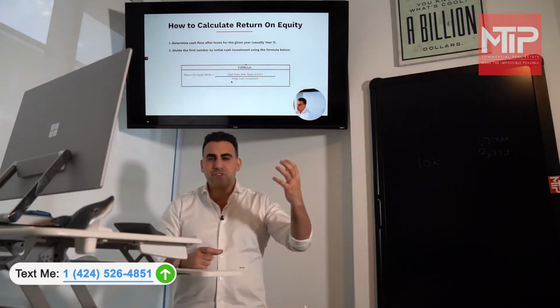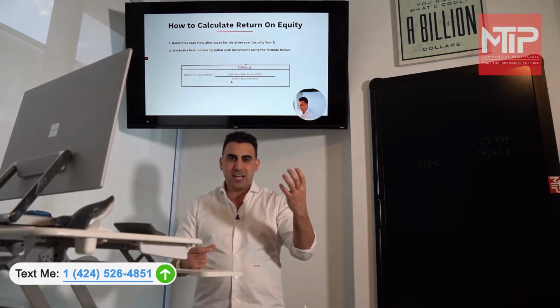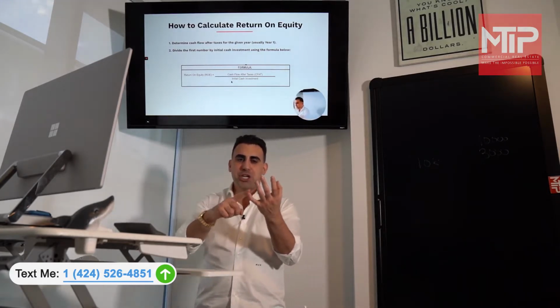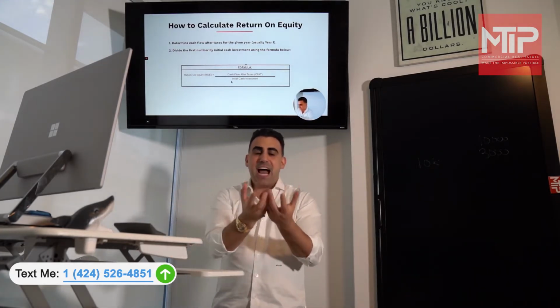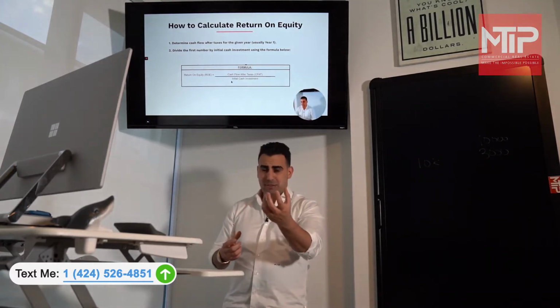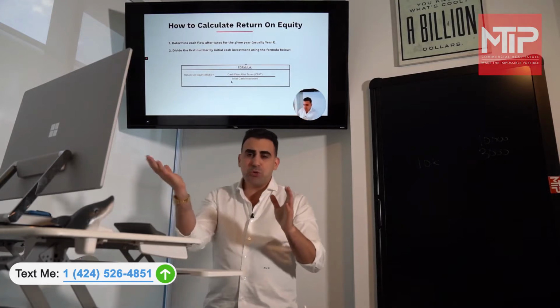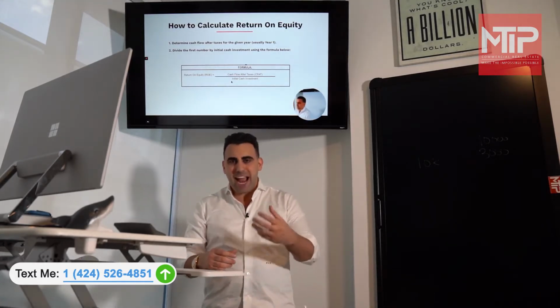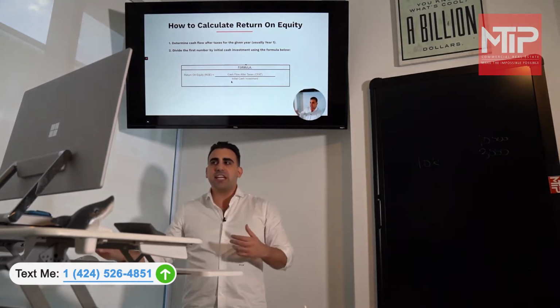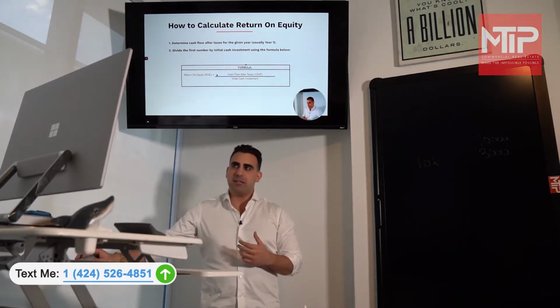Whatever your cash flow calculation was, that was before you took into consideration your depreciation and your taxable items, and now you're left with this nugget, whatever you have after taxes. That amount is what you divide by your down payment, your equity, which you first put initially in that deal, to then calculate your return on equity.